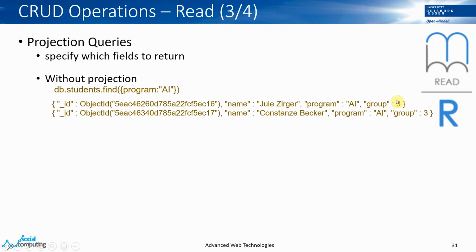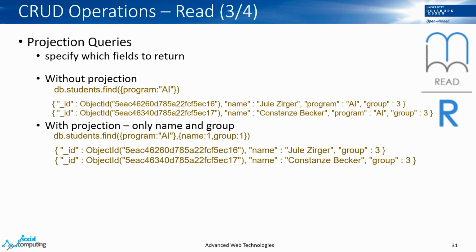Especially in a big data scenario, with hundreds and thousands of records, you don't want unused data to be returned, because that would cost you a lot in performance. So in order to return only selected attributes, there is the projection option, which returns only selected attributes or selected fields. So we can specify which fields to return.